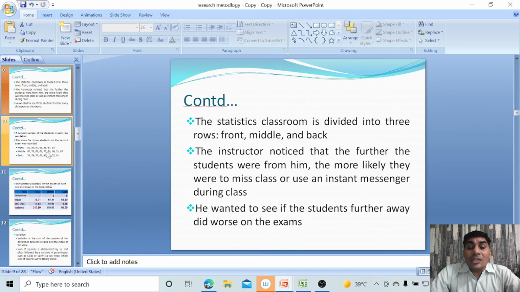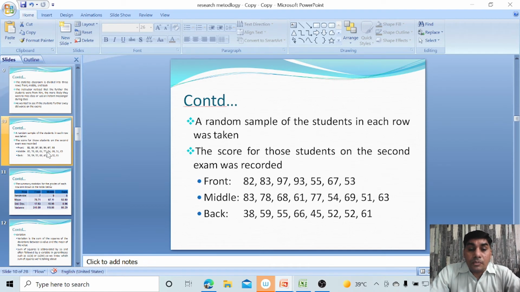The teacher noticed that the further the students were from him, the more likely they were to miss class or use an instant messenger during the class. He wanted to see if the students further away did worse on the exam. That means the teacher wants to check whether the students who are further away perform worse in the examination.